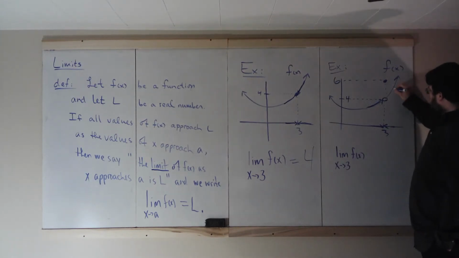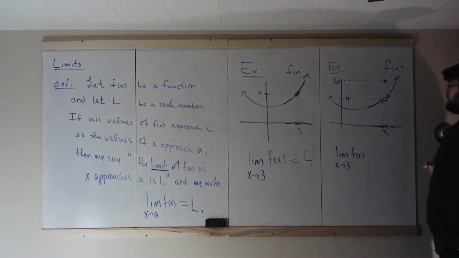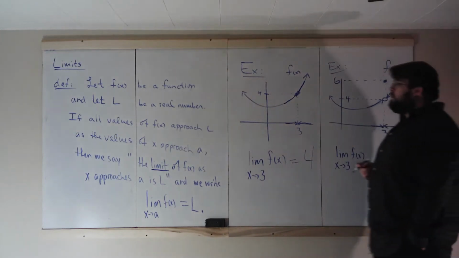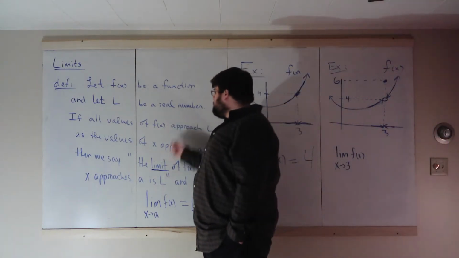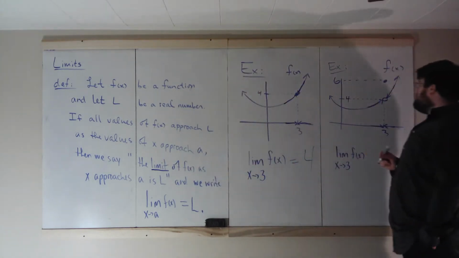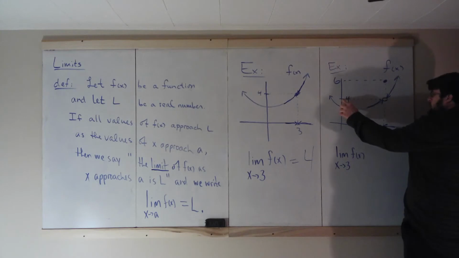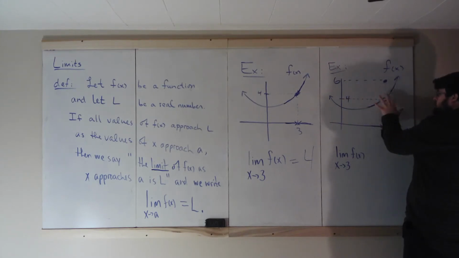Well, on this side, the function again approaches that open dot as x approaches 3. What would our L be here? Well, on this side of 3, this function is approaching 4. On this side of 3, this function is approaching 4.